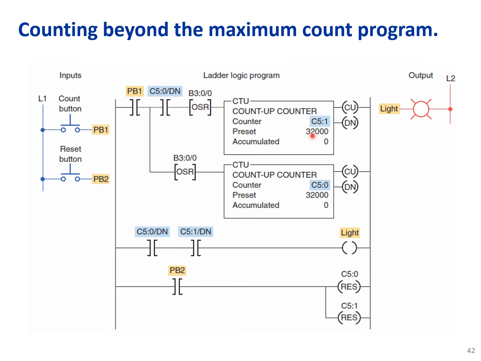This way, we could go beyond 32,000 because we know how many overflows we had in the past. The number of parts is equal to the value of this counter multiplied by 32,000 plus the value of the second counter.